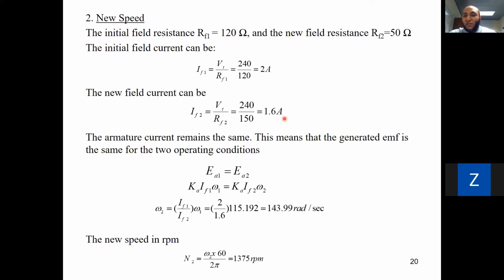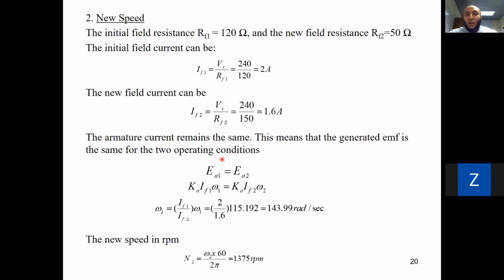So comparing the first case and the second case, you will find the field current decreased. So the armature current remains the same. This means that the generated EMF is the same for two operating conditions, because we have a constant current and constant torque as well.